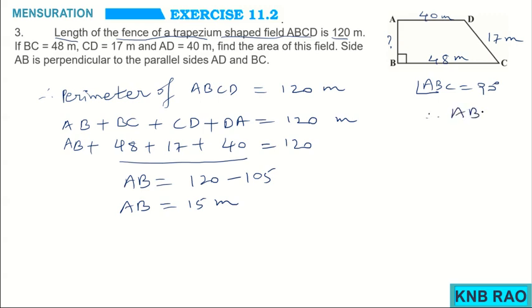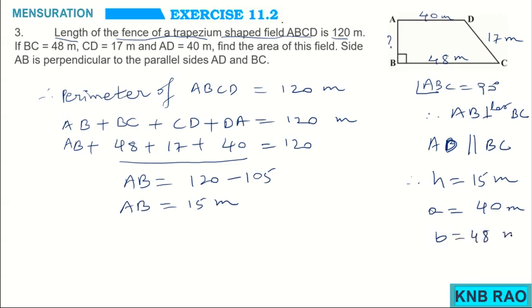Therefore, AB is perpendicular to BC, and we already said that it is a trapezium. Since AD is parallel to BC. Why? Because in trapezium ABCD, these two are the only parallel sides. Now we got h as 15 meter, a parallel side 40 meter and b 48 meter.